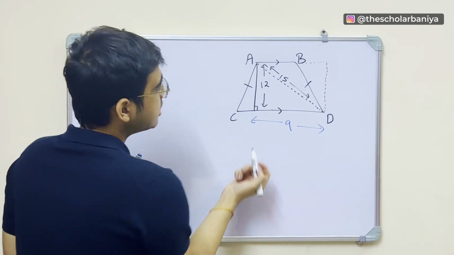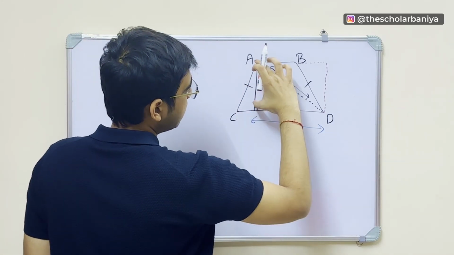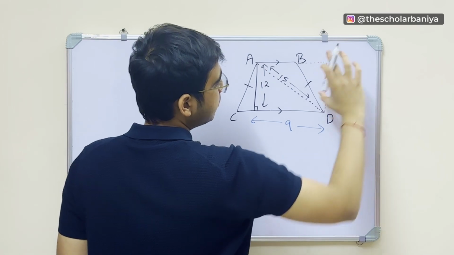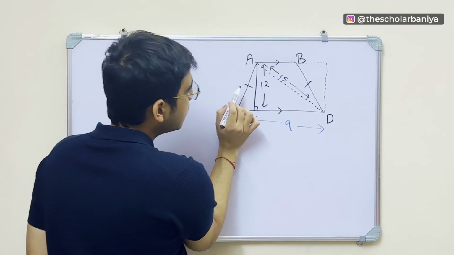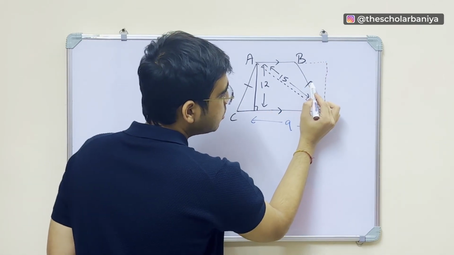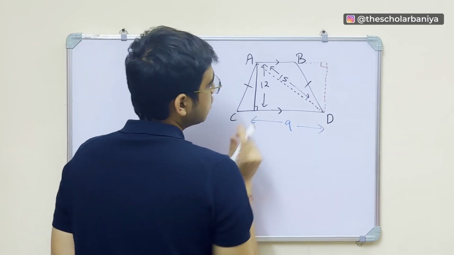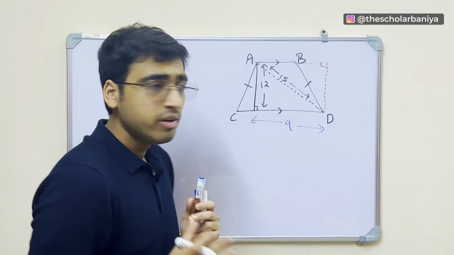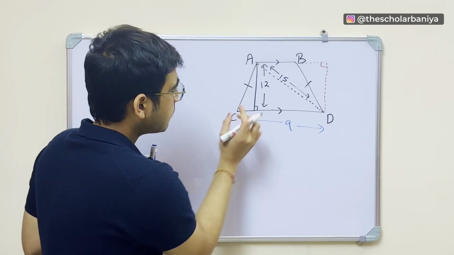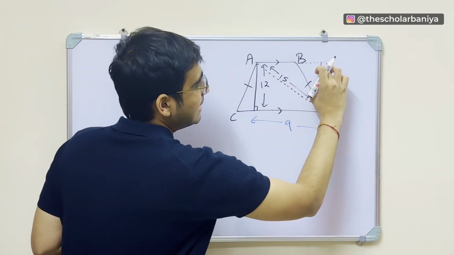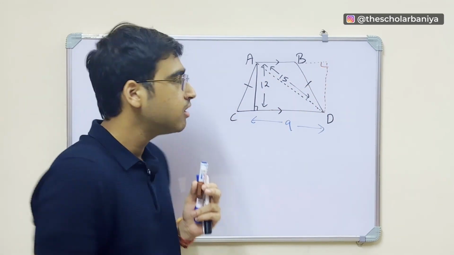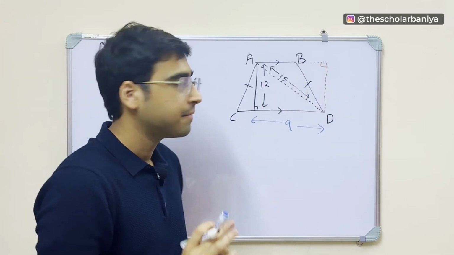Why? Because if you see, this is 12, this height remains the same, which is 12, right? This side is equal to this side, which is given, right? And this is 90 and this is also 90. So this triangle basically is exactly similar to this triangle, right?